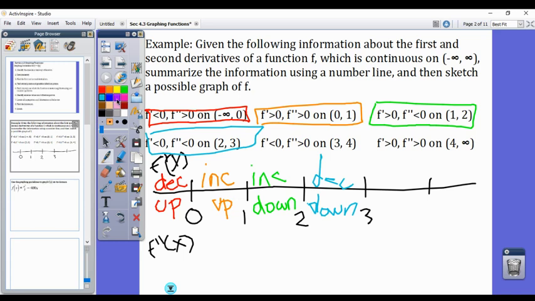And next, we have less than 0 for first derivative and greater than 0 for second derivative, which means I am decreasing but concave up.